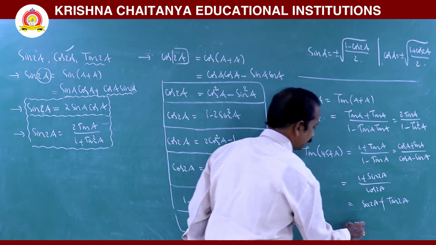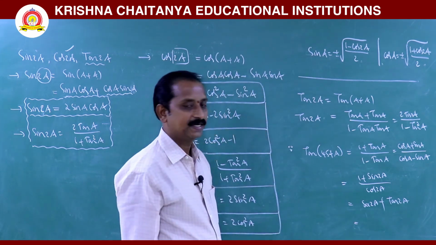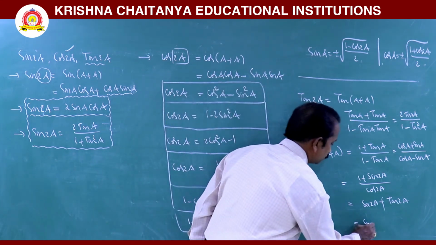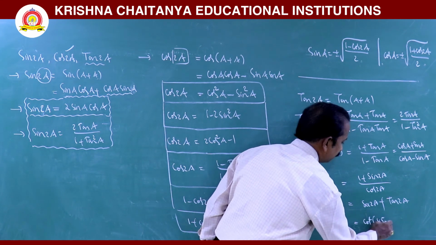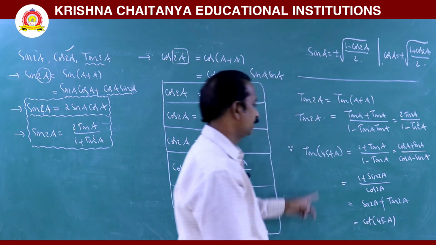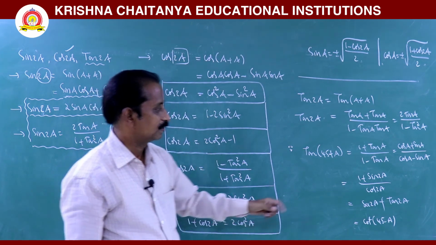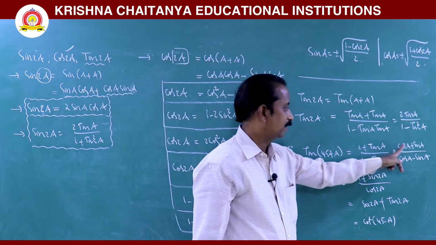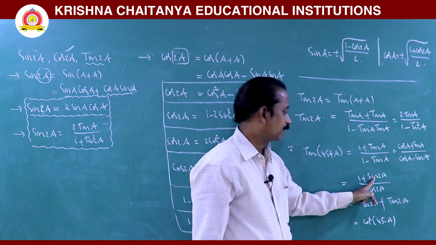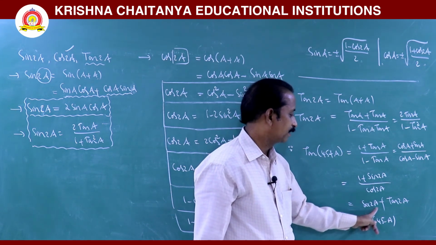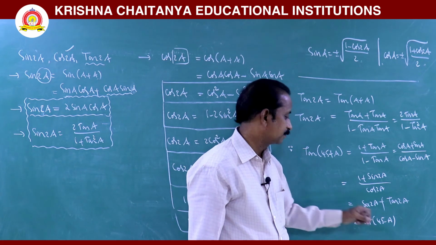We can write in another way tan 45 plus A in terms of cotangent also. So, cot of 45 minus A. So, keep in your mind tan of 45 plus A, we can split into 5 ways: in terms of tan, in terms of cosine and sine, in terms of sine and cos, in terms of secant and tan, and in terms of cot.